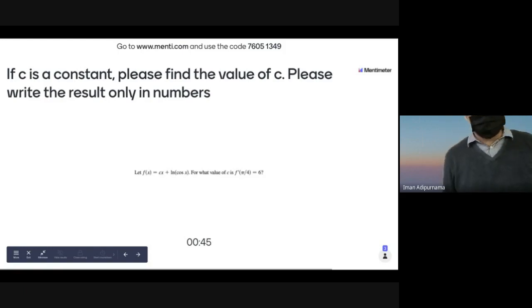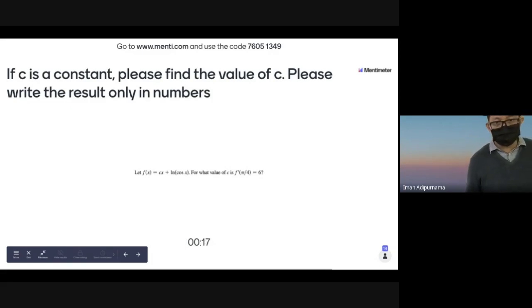Some students get the answer. 43, 42. I think the time is too short, or enough? Around 20 seconds.